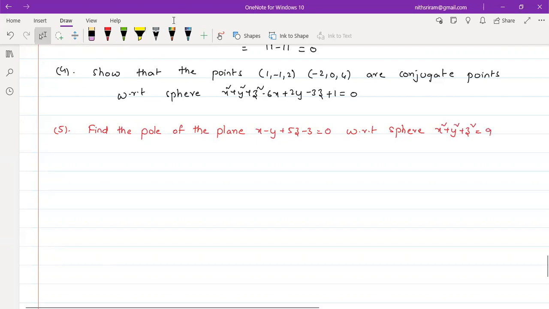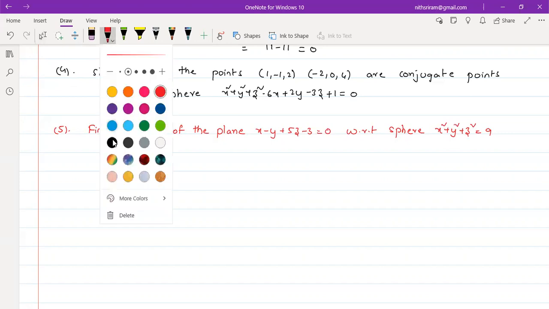Okay, so this is a very important problem for short answers, right?